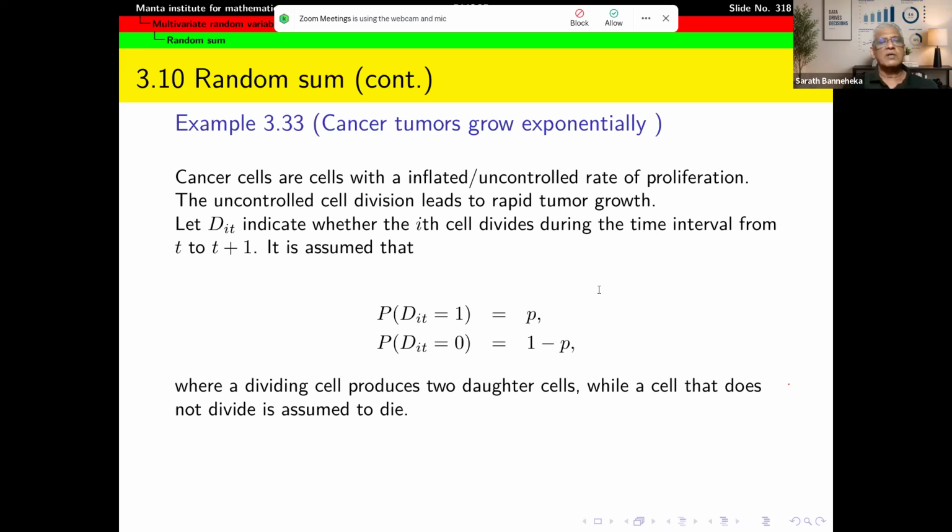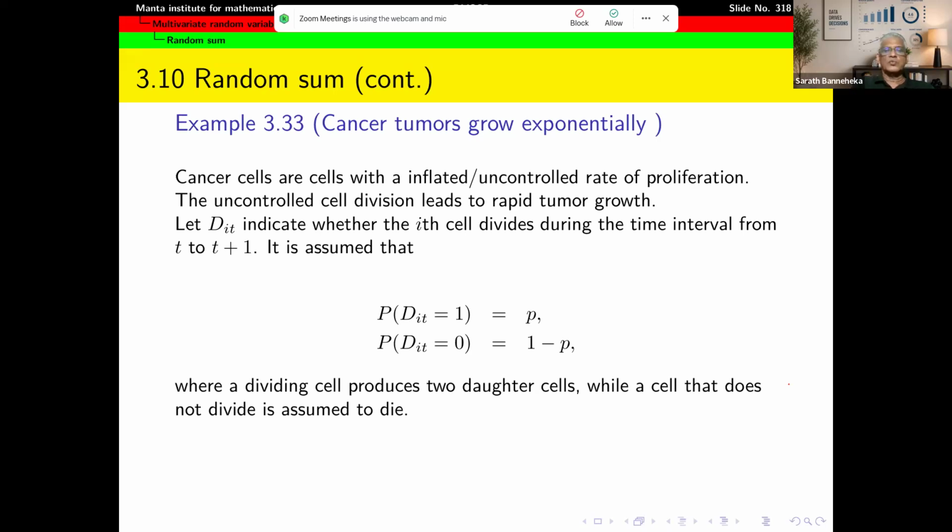Cancer cells are cells with an inflated or uncontrolled rate of proliferation. The uncontrolled cell division leads to rapid tumor growth. Let D_it indicate whether the ith cell divides during the time interval from t to t plus 1.